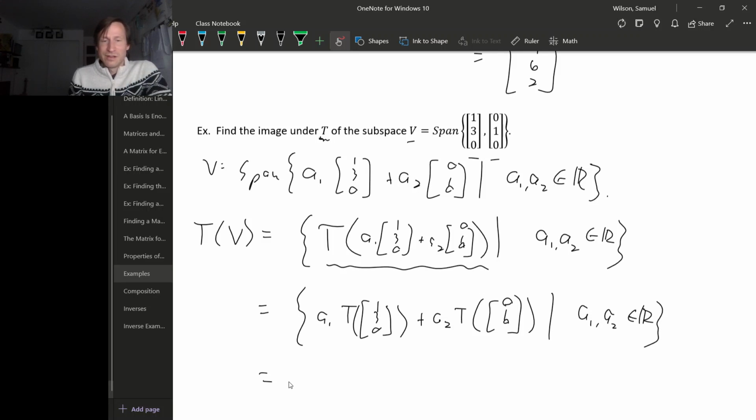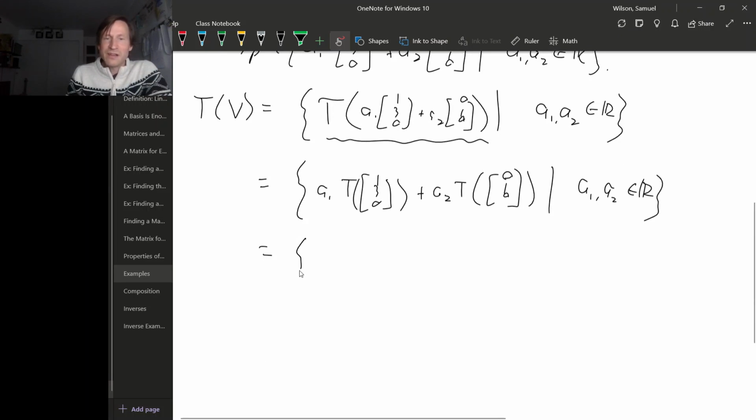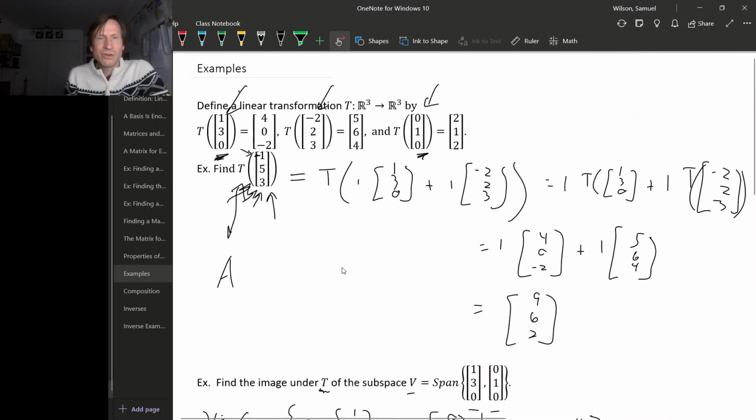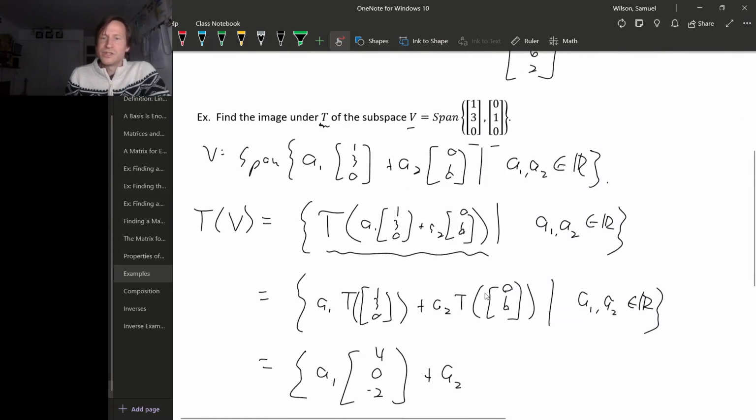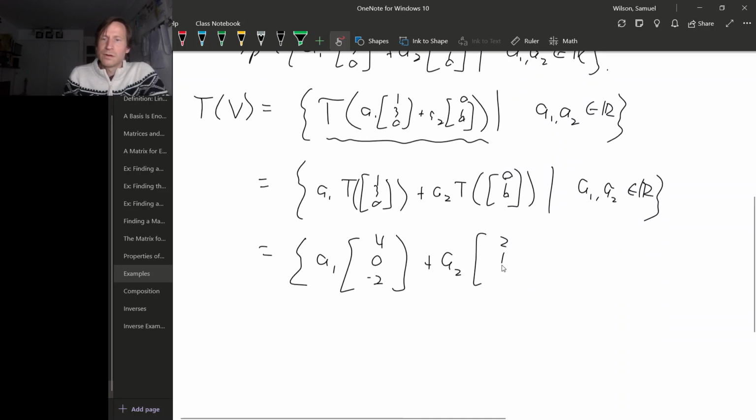These are two of the three values of T that we actually know. So T of 1, 3, 0 was 4, 0, minus 2. And T of 0, 1, 0 was 2, 1, 2. And these can be any scalars.